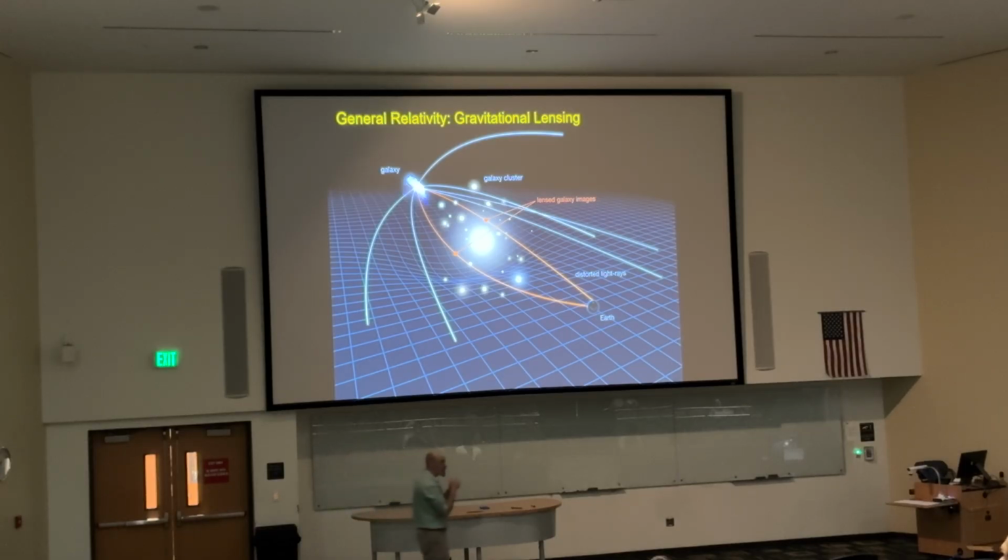And this is a lot like a converging lens. And so that's why this is called gravitational lensing. This is using the mass of gigantic galaxy clusters to lens the light from a distant galaxy, which produces an image of the galaxy in the same way that we produced images with a converging lens.